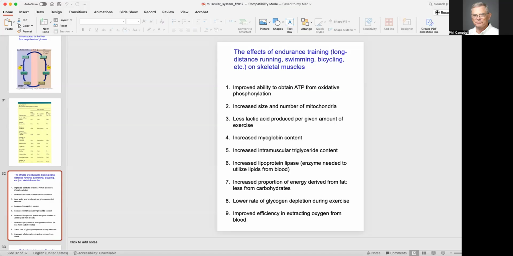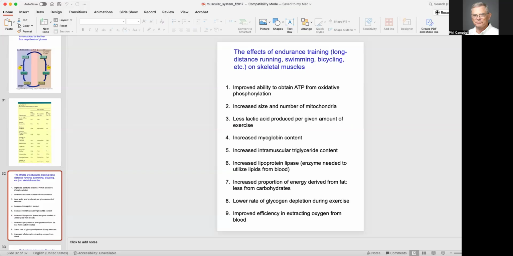You're going to get higher concentrations of lipids within those cells because triglycerides and fatty acids feed into that oxidative phosphorylation. And your increased portion of energy derived from fat exceeds carbohydrates. I'm not going to get to metabolism, but with lipids there's more bang for the buck. There's more energy per pound for fat versus carbohydrates, right?